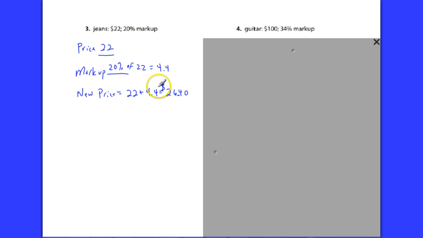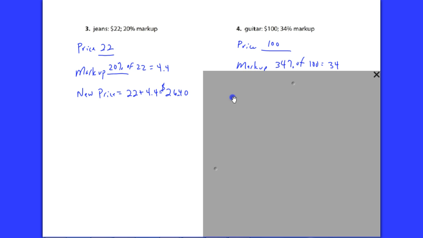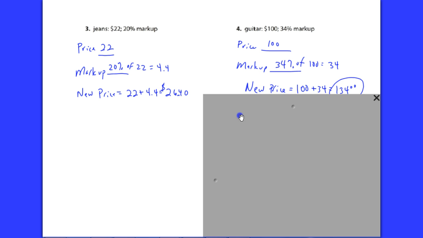Then we added that back to create the new price: 22 plus $4.40 is $26.40. Number 4, the price was originally $100. The markup is 34% of $100, and then you just add that in to get 134.